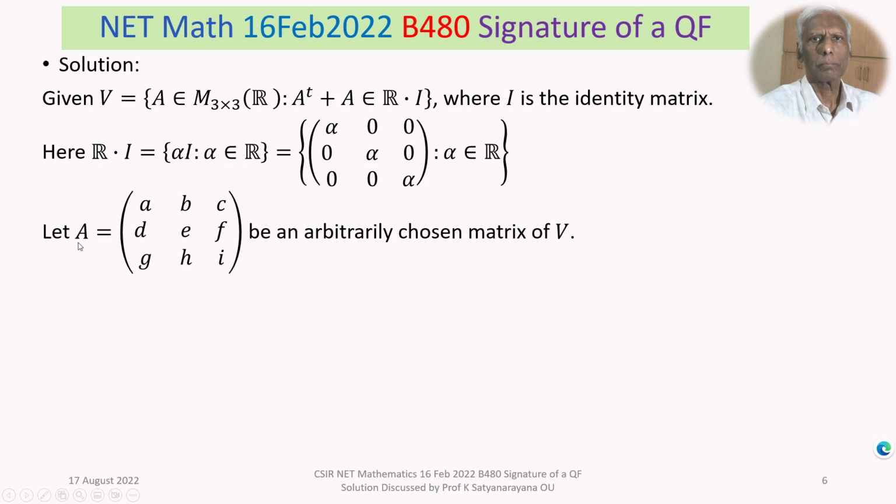Let us take an arbitrarily chosen matrix capital A as a, b, c in the first row, d, e, f in the second row, g, h, i in the third row.